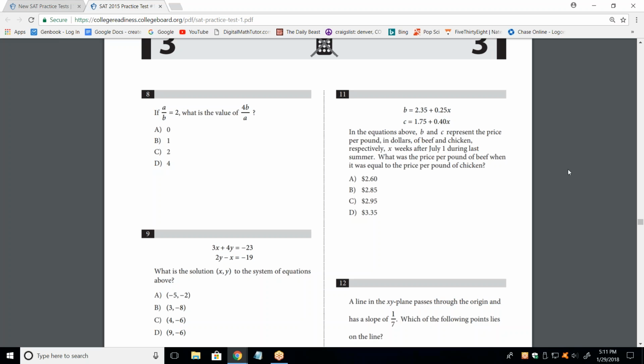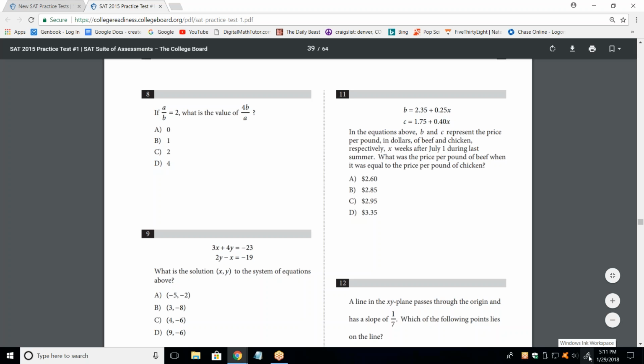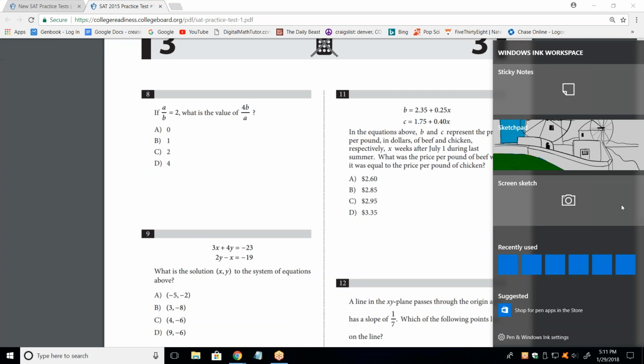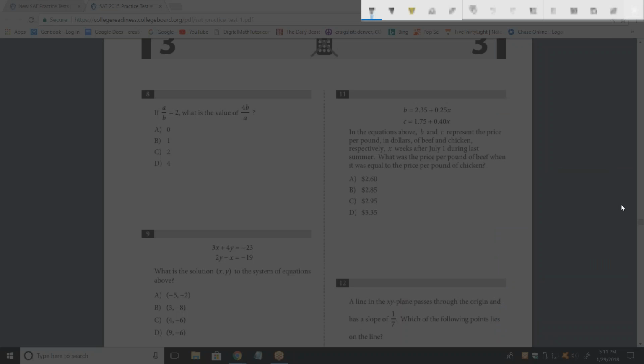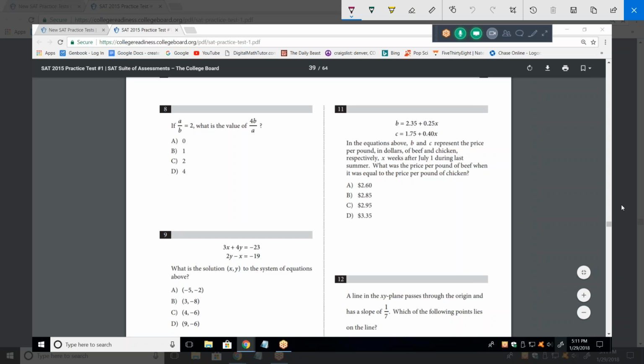For example, I'm going to make one up here just because I remember it from another class I did, and it's a good example of this.